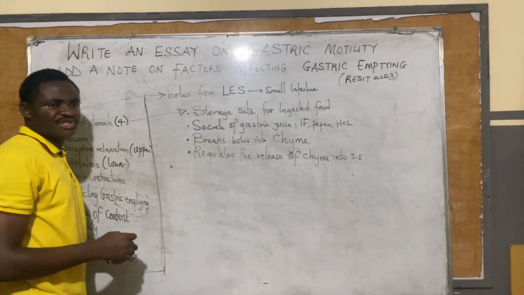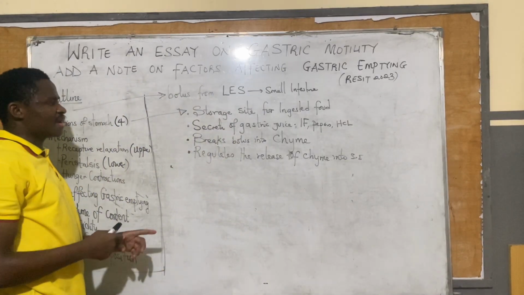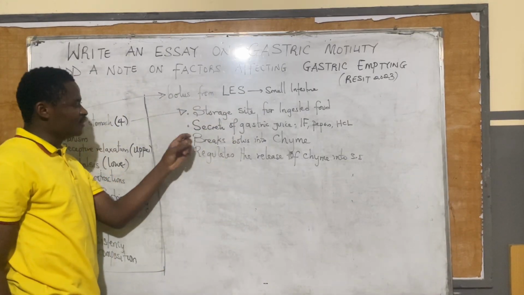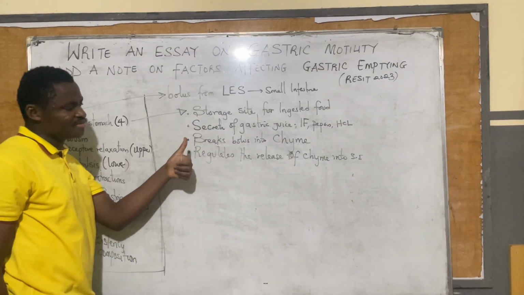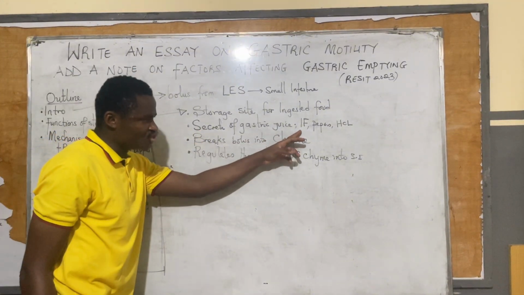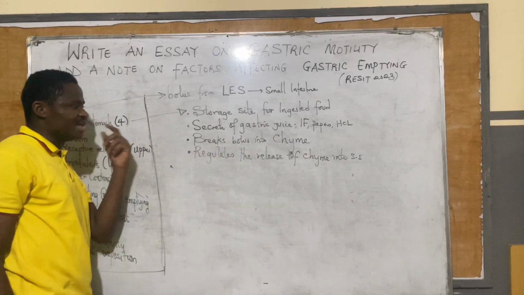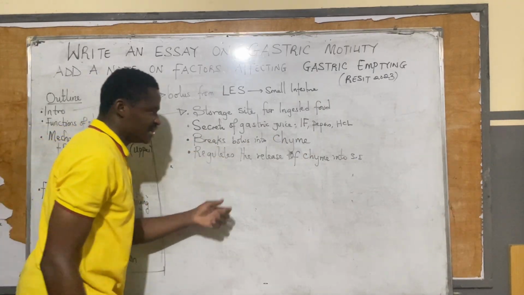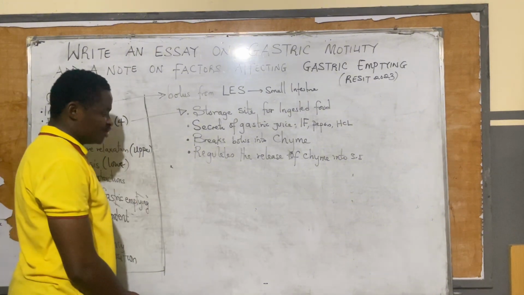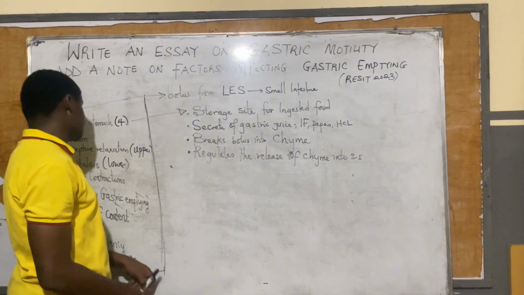So those are the 4 functions you must remember of the stomach: storage site for ingested food, secretion of gastric juice, which constitutes substances such as intrinsic factor, pepsin and HCl, breaking bolus into chyme, and regulating the release of chyme into the small intestine.